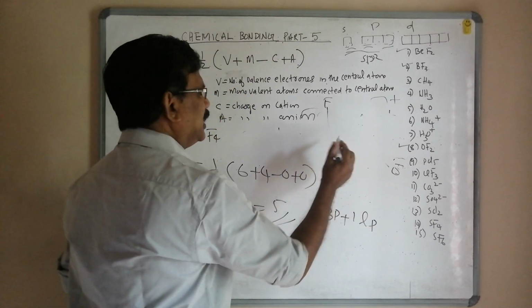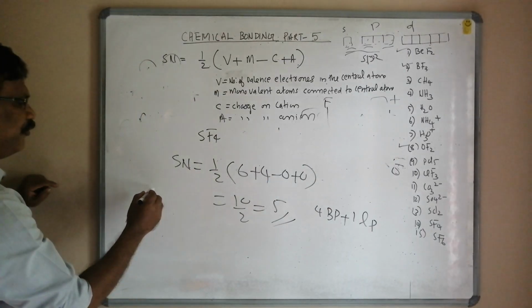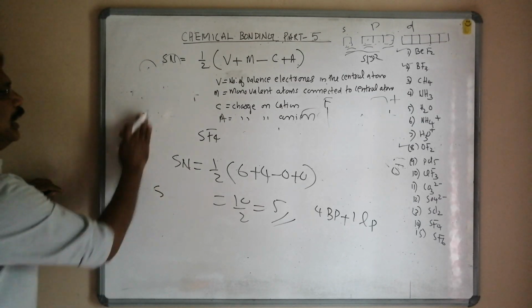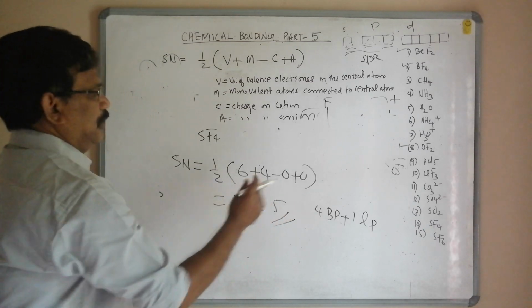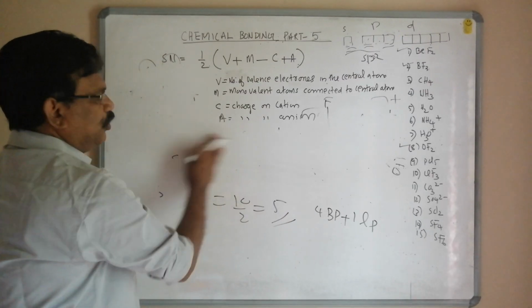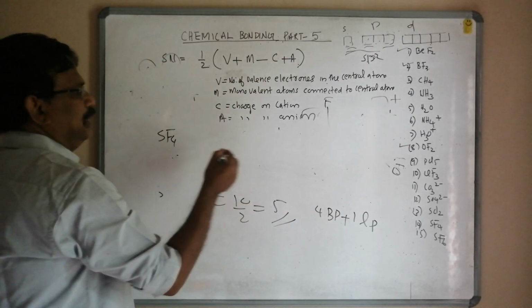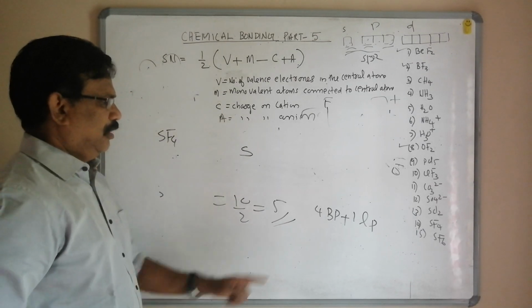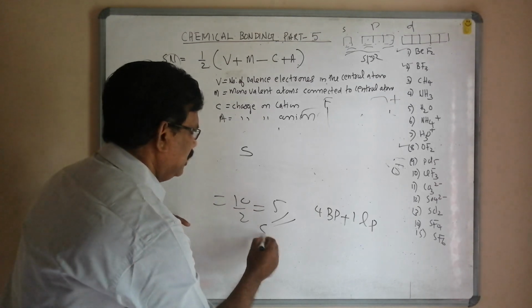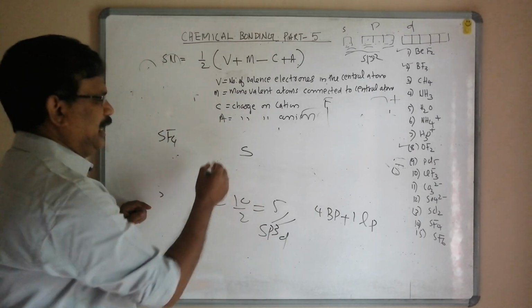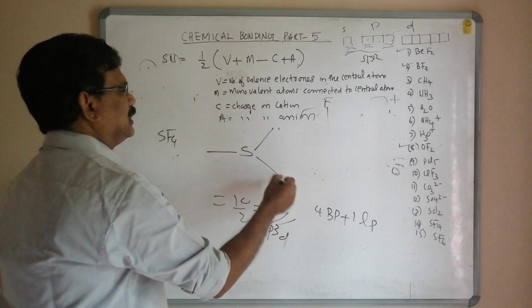In SF4, around the sulfur atom, 4 bond pairs and 1 lone pair, hybridization sp3d, 5 hybrid orbitals.